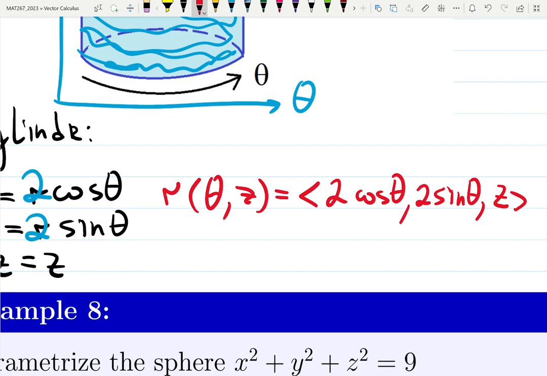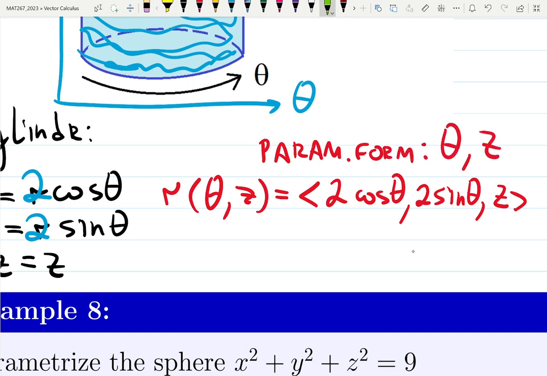That is exactly the answer. We just need to figure out theta and z. So that is a parametric form with two parameters, theta, comma, and z, which are basically my u and v.